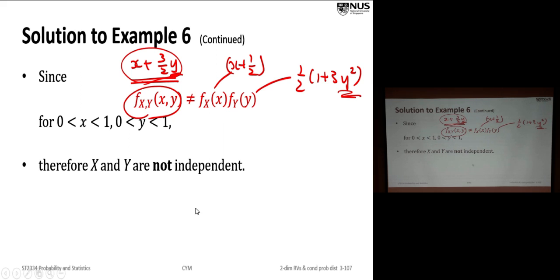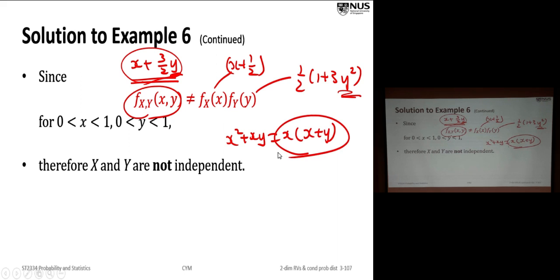All right? But sometimes, for example, maybe the joint distribution is like this. Then this one can be written as x plus y, something like this. What I mean is that you have to worry about whether you can do the factorization of the joint PDF. So this one, obviously, you cannot factorize it. But this one, you can factorize it.